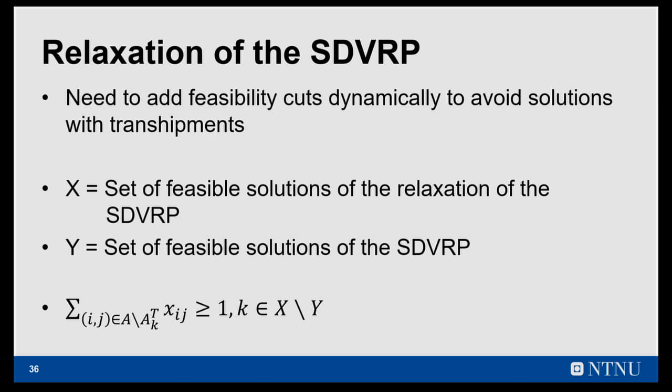So this is basically saying that if you have a solution K that is feasible for the relaxation of the split delivery vehicle routing problem, but it's not feasible for the actual split delivery vehicle routing problem, we say that the sum of all the arcs that were not in that solution has to be greater or equal than 1.